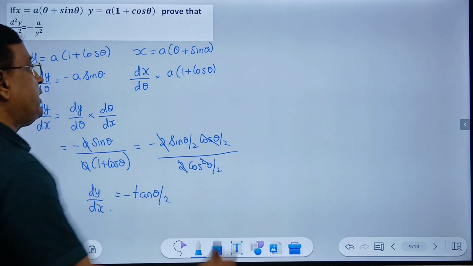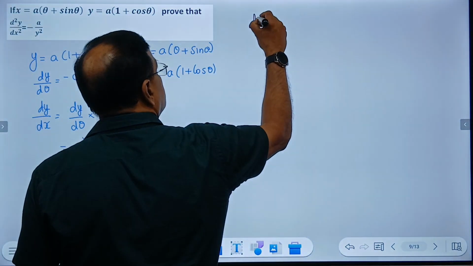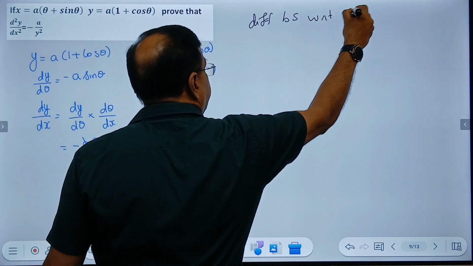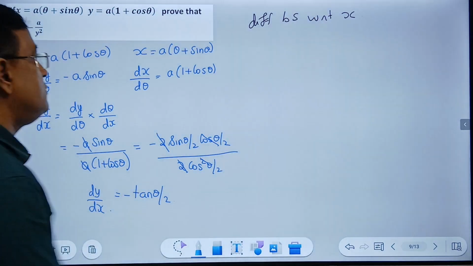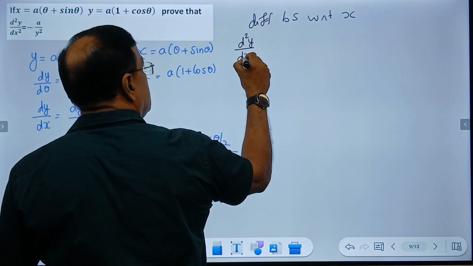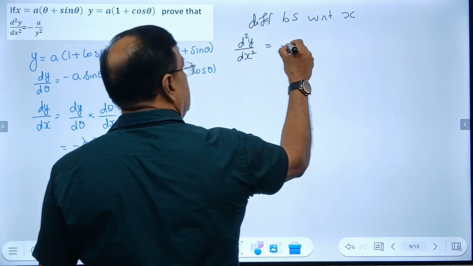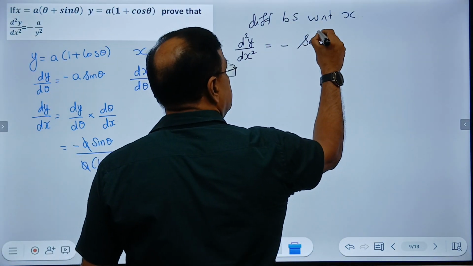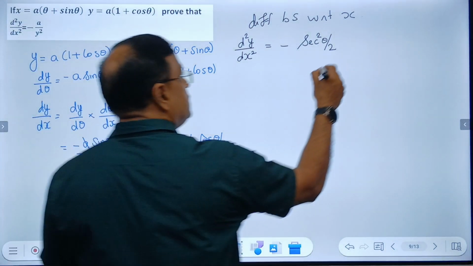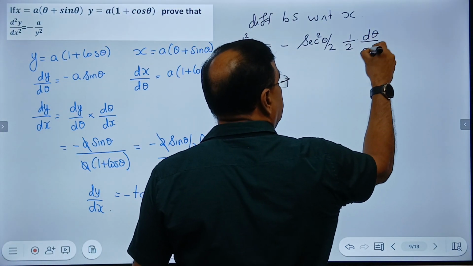So I am going to go for second derivative. Now how do I do second derivative? Differentiate both sides with respect to x. So what is differentiation of dy by dx? It will be d square y by dx square equal to, I'll keep the minus outside, tan differentiation is secant square theta by 2, and theta by 2 differentiation is 1 by 2 into d theta by dx.